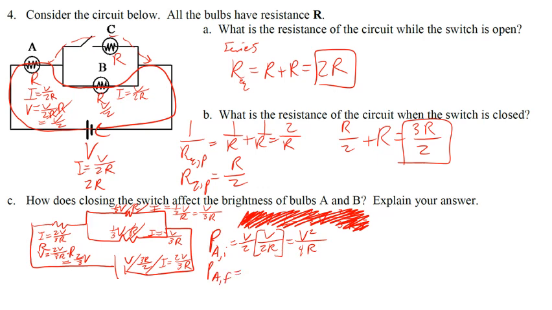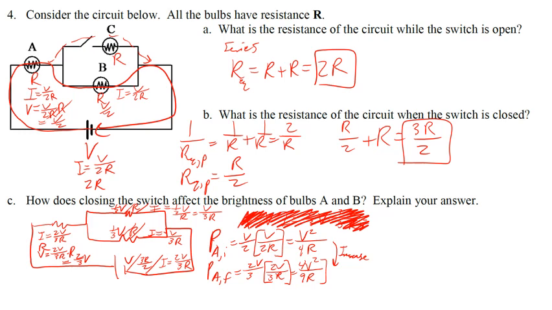Our final was going to be 2/3 V, okay, times the current, which was also 2/3 V over R. So that's going to give us 4V squared over 9R. So hopefully what you'll notice is that the power ended up increasing. That's interesting. So that's an increase in the power because we closed that circuit.